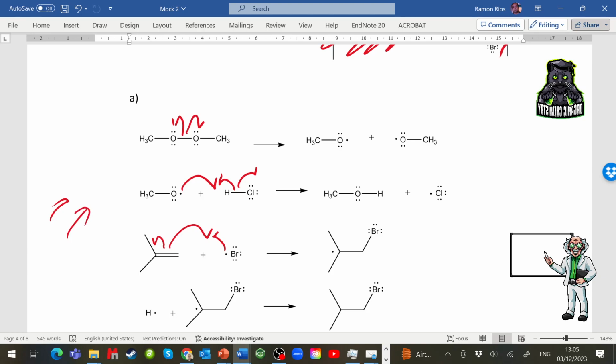This is because I am moving radicals, not pairs of electrons. And finally, when I join this radical and the radical of the hydrogen, I get the final bromoalkyl compound.